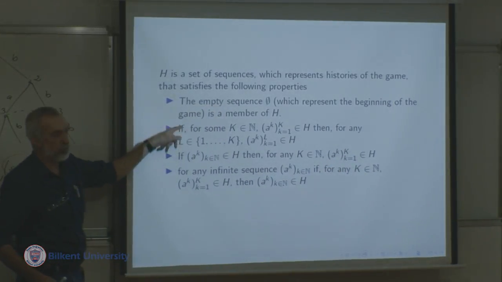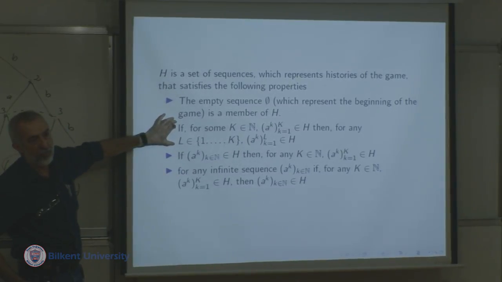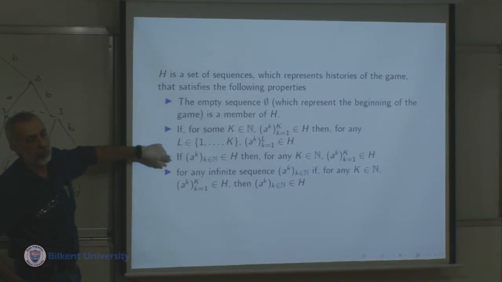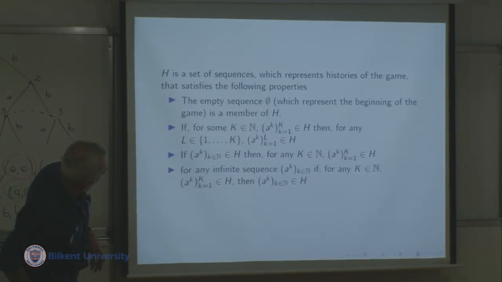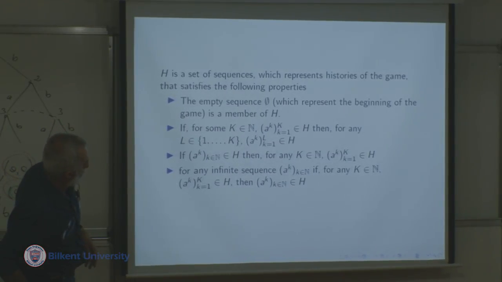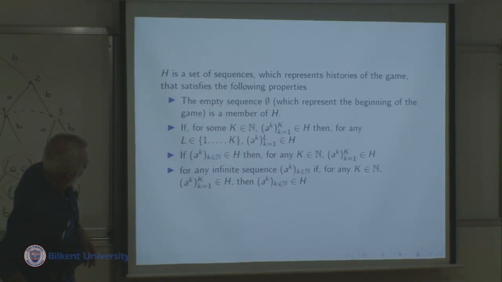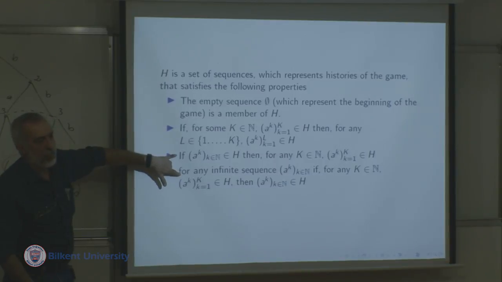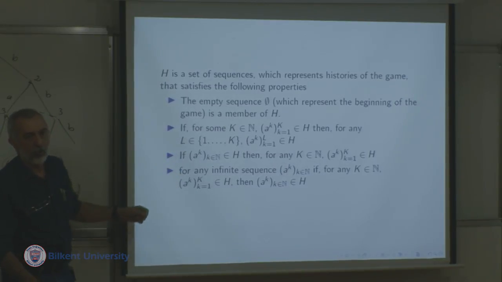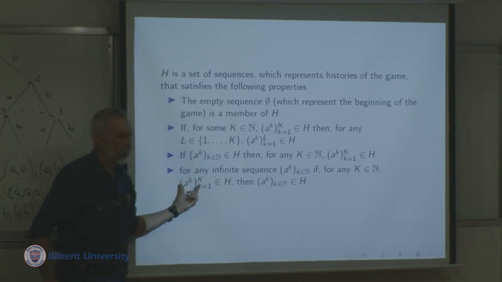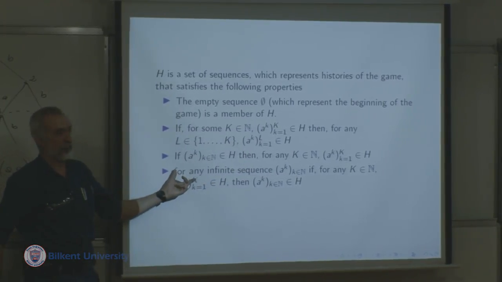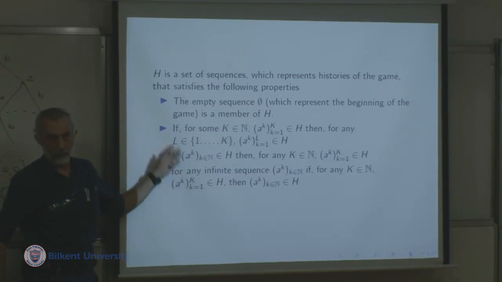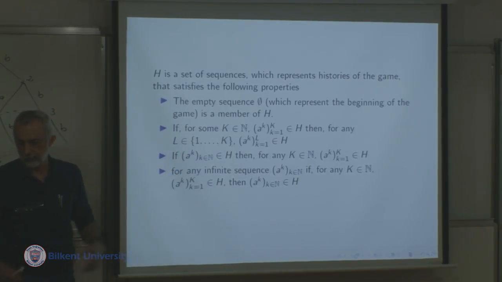So these two say the same thing, for finite and for infinite sequences. And that's another version of saying it: the infinite sequence is constructed by finite sequences of any length. So far, so good about histories?